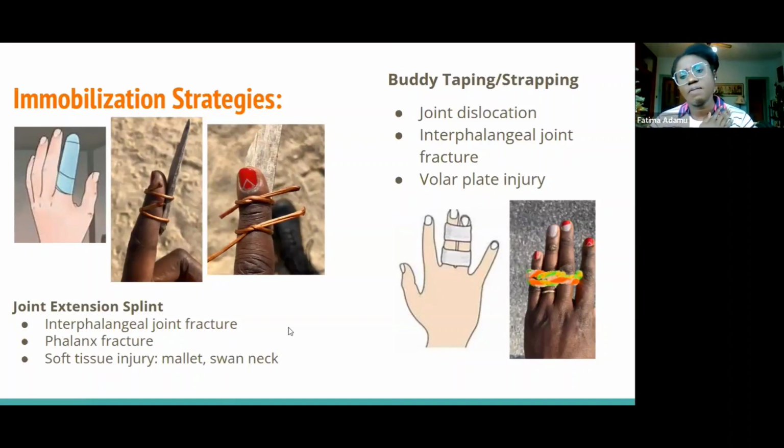Buddy taping and strapping. So in instances where you're dealing with a fracture of the finger, especially the middle phalanx, it can be helpful to attach the finger to the adjacent finger until you get further intervention. This was pipe cleaner that my daughter happened to have sitting around.